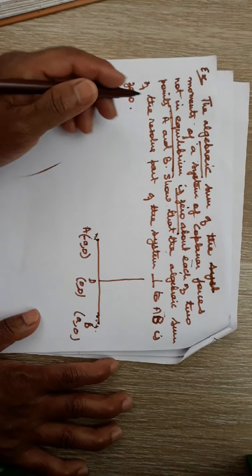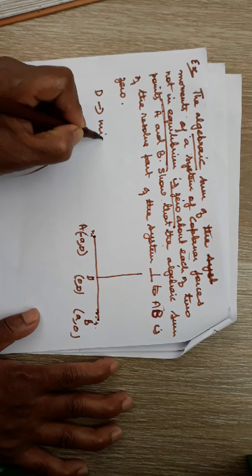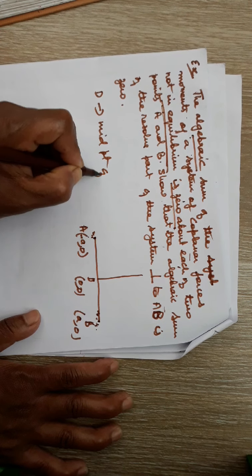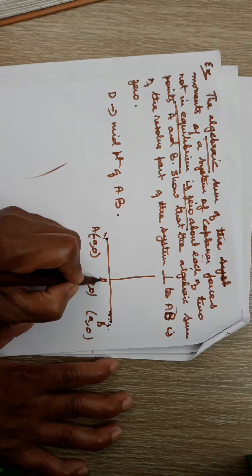So what we do here, you take D, the midpoint of AB, and we take D as the origin.